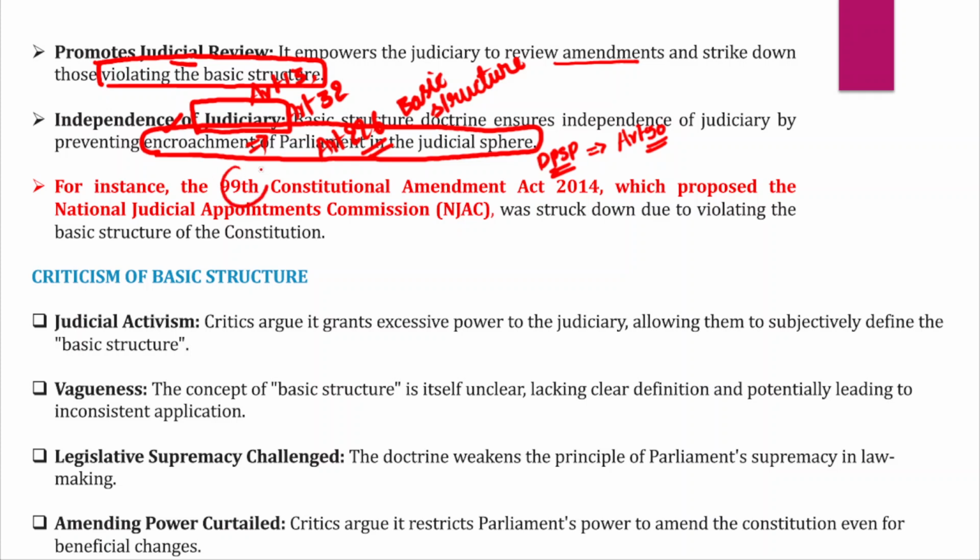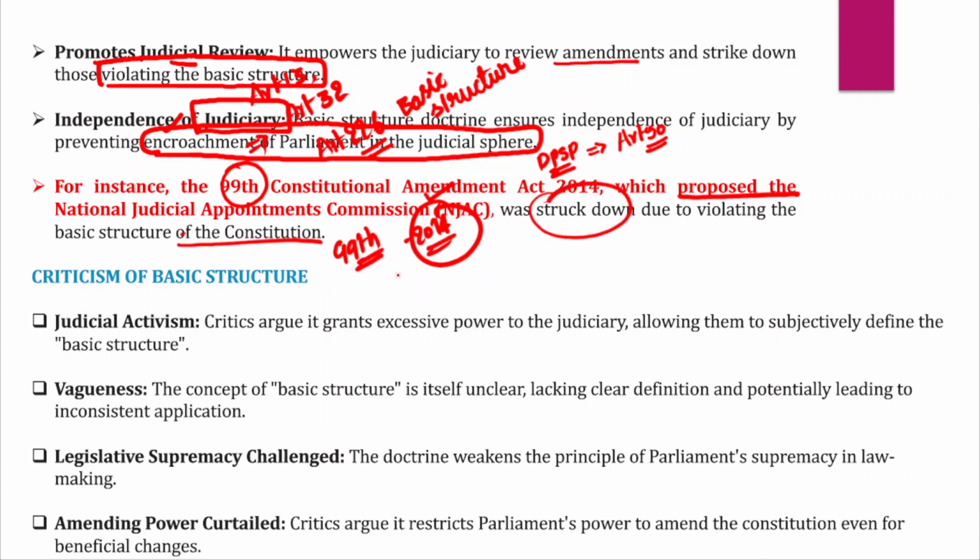So we have discussed the 99th Constitutional Amendment Act that was passed in the year 2014. The 99th Constitutional Amendment Act proposed the National Judicial Appointments Commission, and that was struck down for violating the basic structure of the Indian Constitution.